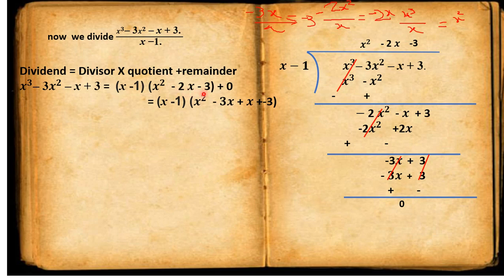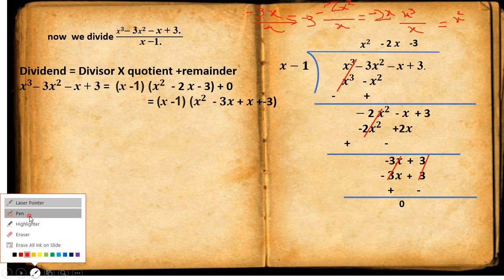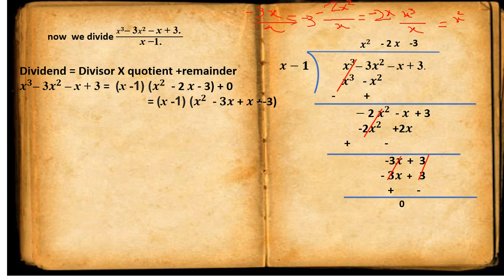So let's choose the numbers minus 3 and plus 1. Minus 3 plus 1 becomes minus 2 and minus 3 into 1 becomes minus 3. So here the terms are minus 3x plus x, and here it is minus 3.